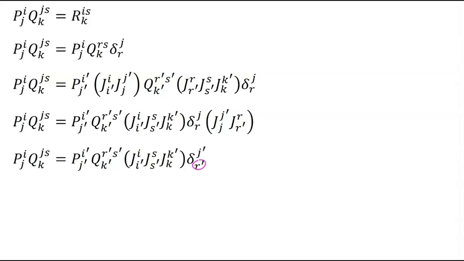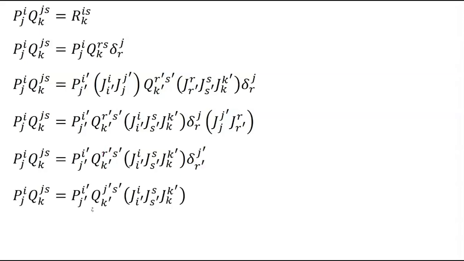Well, now we have a dummy index here, so this delta J prime R prime factor will absorb the R prime index, leaving us with this expression. And that proves that the product that we're talking about here transforms from the primed coordinate system to the unprimed coordinate system using these Jacobian factors.